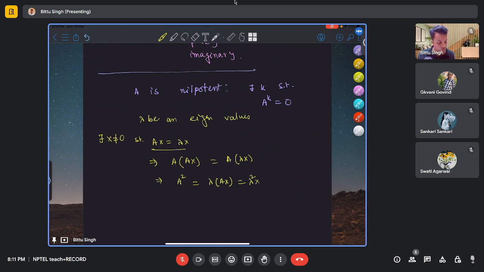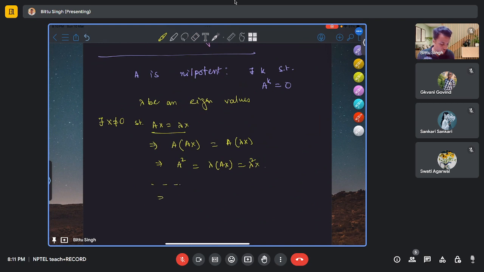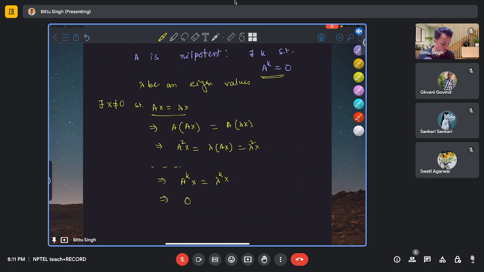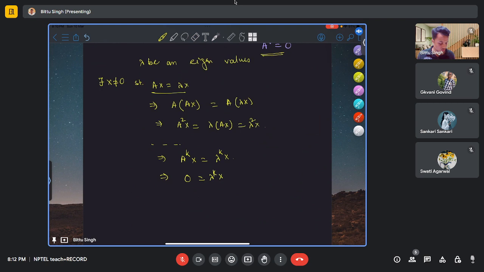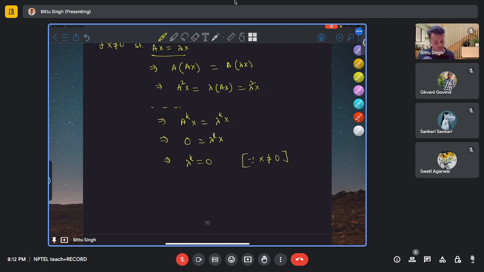So this is lambda squared x, and inductively we are getting A to the power k x equal to lambda to the power k x. And now use the fact A to the power k is 0. So this will imply 0 equal to lambda to the power k x. And from here we are getting lambda to the power k equal to 0 since x is non-zero. So this will automatically imply lambda equal to 0.